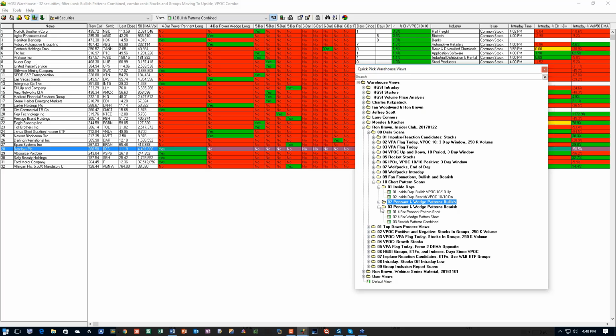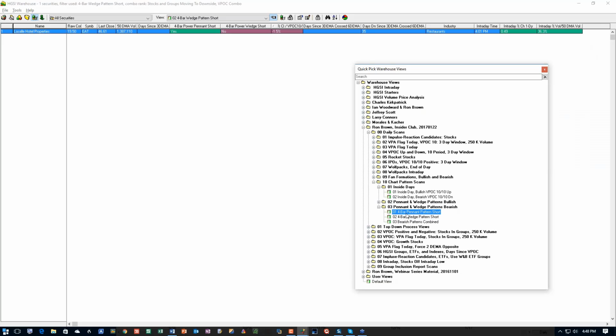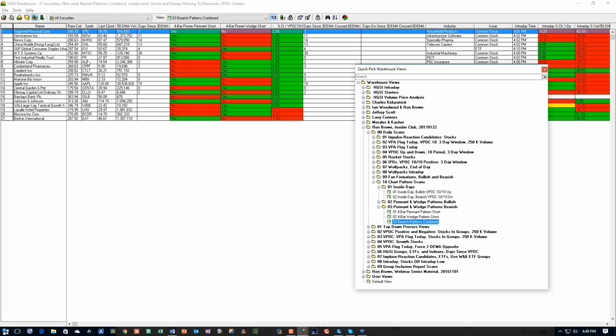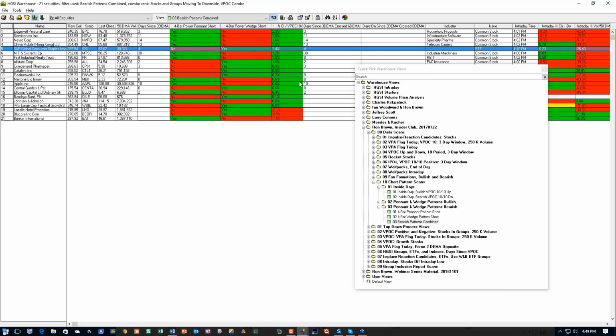Same thing, you can see there's only one stock on each of these 4-bar pennants right now under all securities, and then on the combined I loosened the criteria a little bit. I took out the VPOC requirement but I can see the column right here. I don't want to look for bearish patterns where the VPOC is positive. So that's just a very quick run through on that.